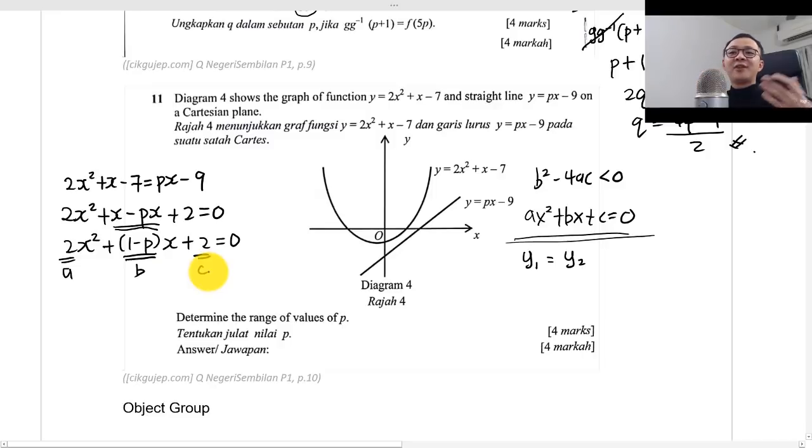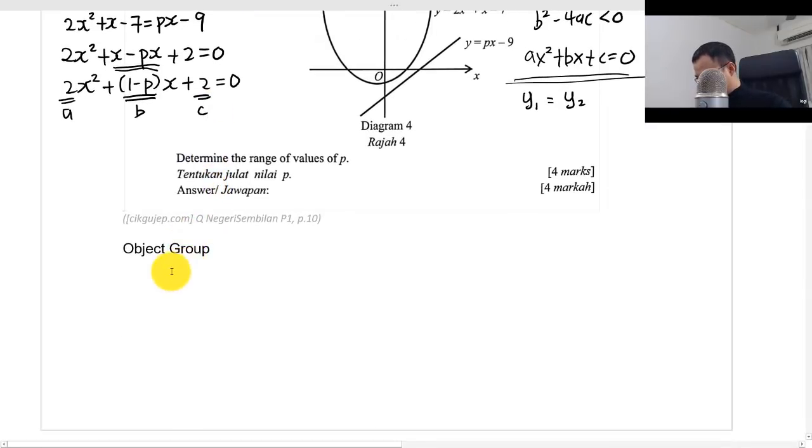Then I know my a, b and c very clearly, so I can easily substitute into b squared minus 4ac less than 0. So b is (1 minus p), squared, minus 4, a is 2, c is 2, less than 0.